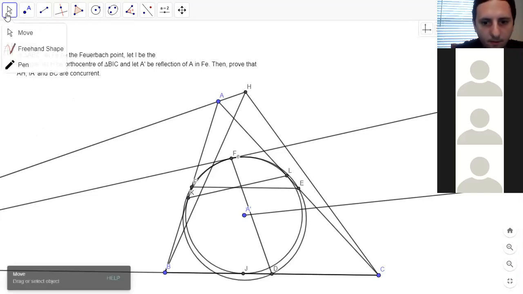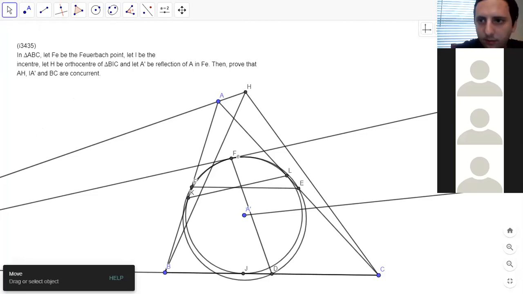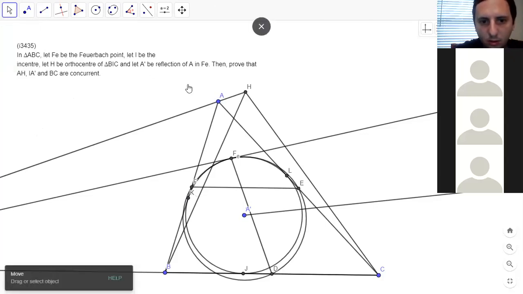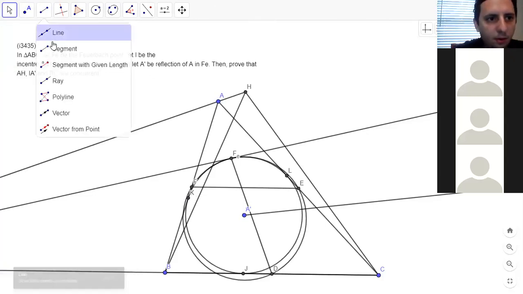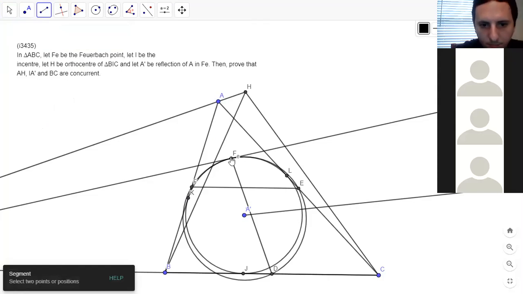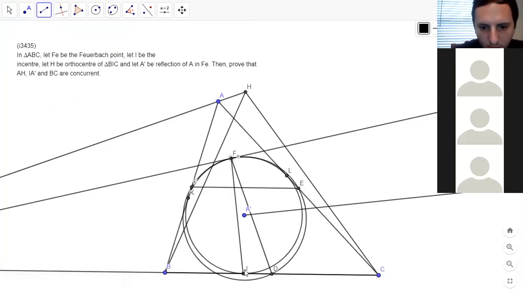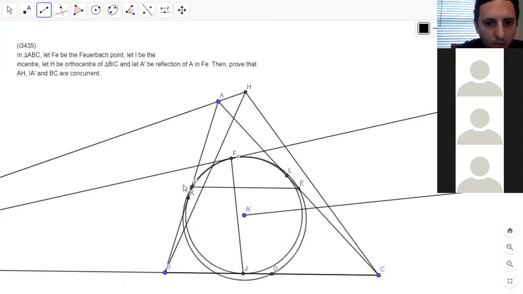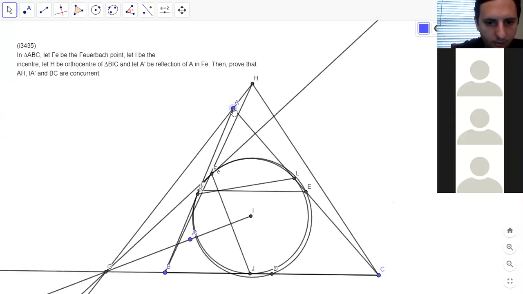And JFe, not Fe, JFe is through that point. Ah, interesting. I had never seen that before. Or maybe I had, I just forgot it.